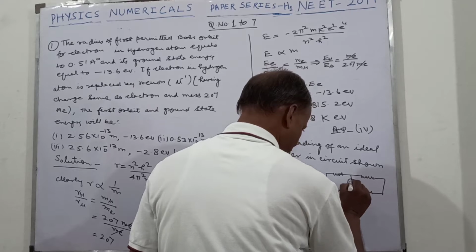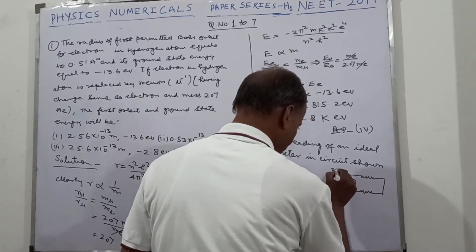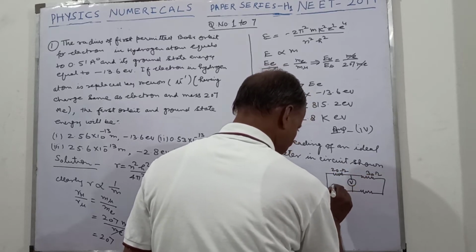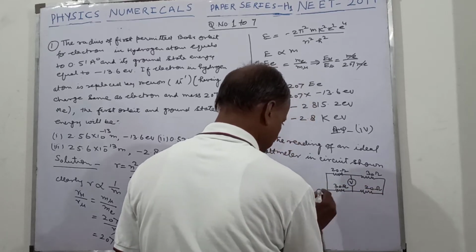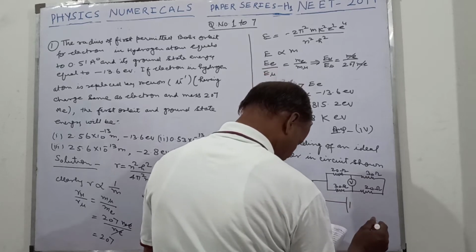This is the voltmeter. This is your 20 ohm, this is 30 ohm, this is 30 ohm, this is 20 ohm, and this is a battery of 2 volt.